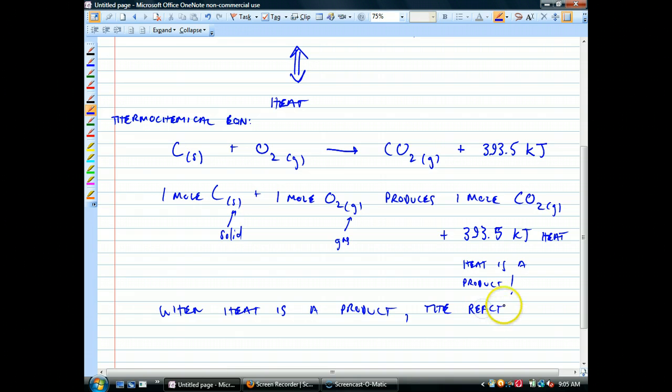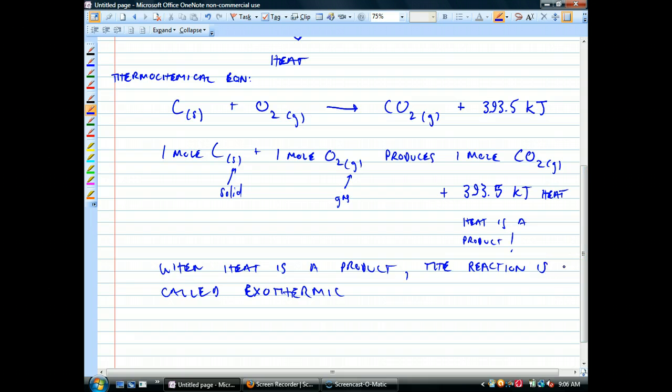Maybe you've heard that word before. Think exterior, outside. The heat's coming out. Exothermic, out. The heat is moving out of this reaction.